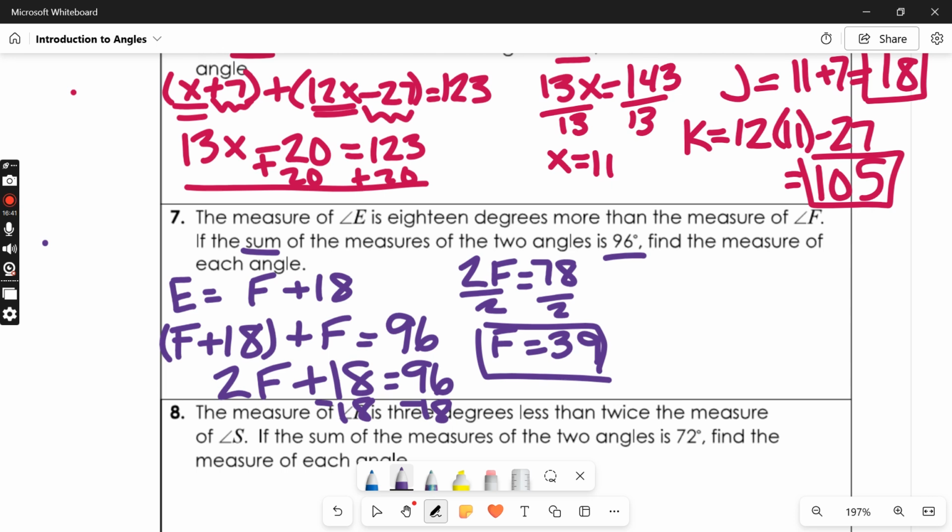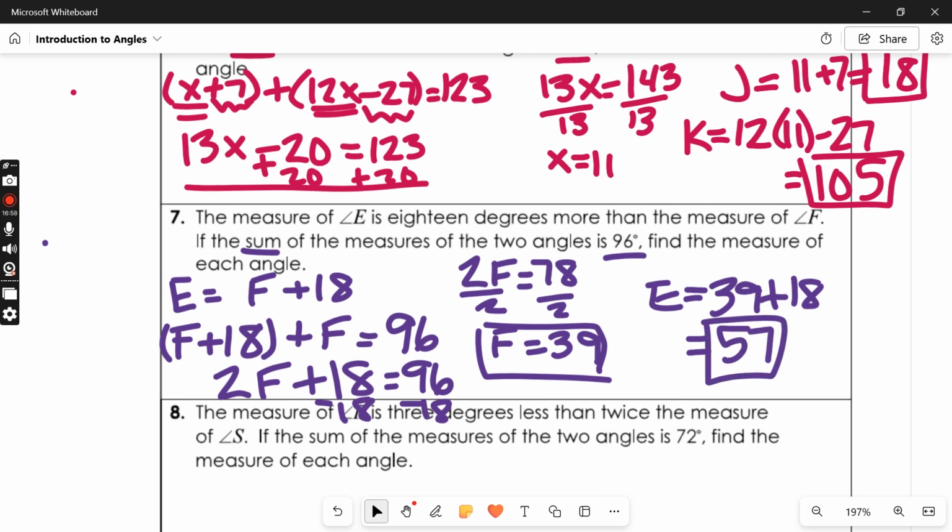This is one of my angles, so that's one of my answers. And then to find E, E is going to be 39 plus 18. And 39 plus 18 is 57.